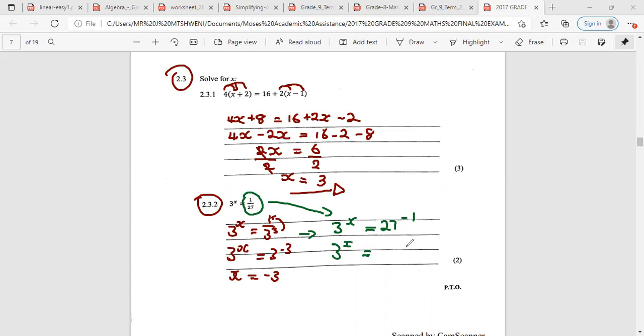You change 27 to an exponential form, you'll get 3 to exponent 3, which will multiply negative 1. Then now we have 3 to exponent x. What do you have there? 3 to exponent negative 3. Then the bases are the same. Simply write the exponent alone.